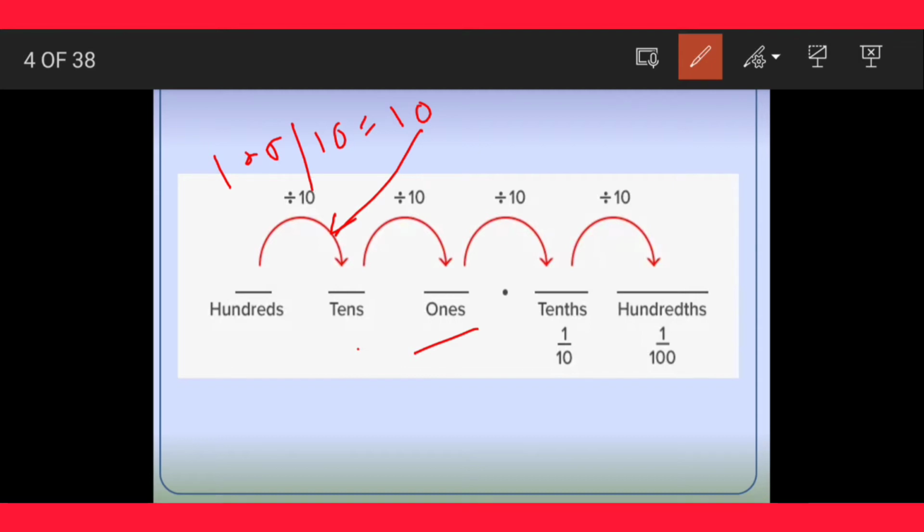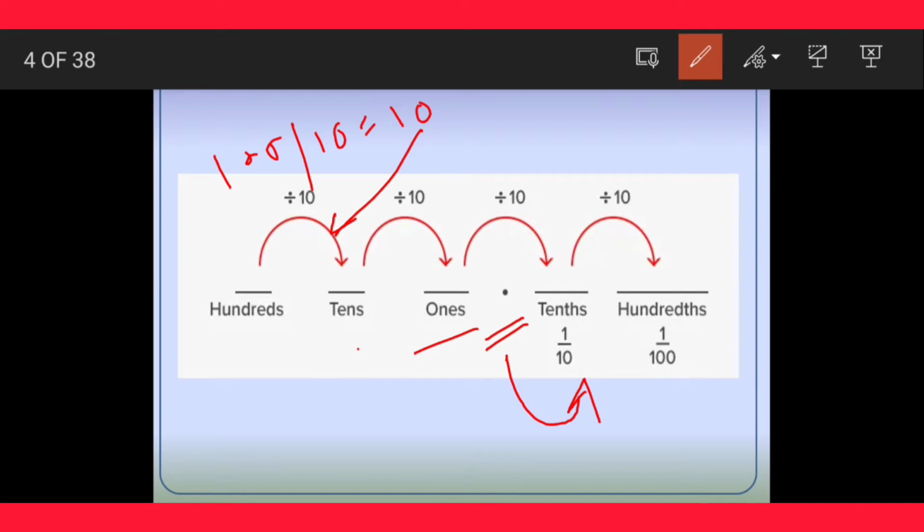Now what will happen when we divide 1 by 10? It will make a decimal and it will switch to the position after the point, that is 1 upon 10, and it is known as the tenths position. Here it is the tenths position and here it is the hundredths position.